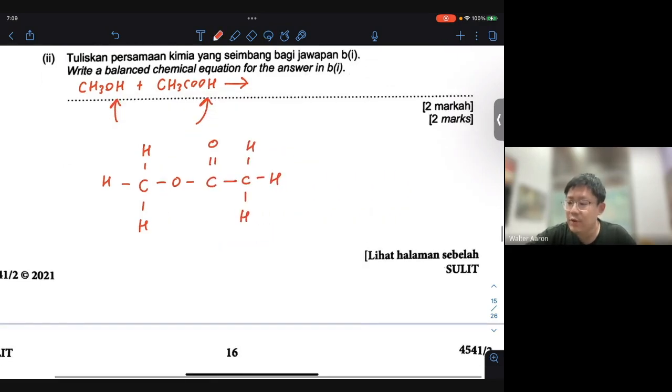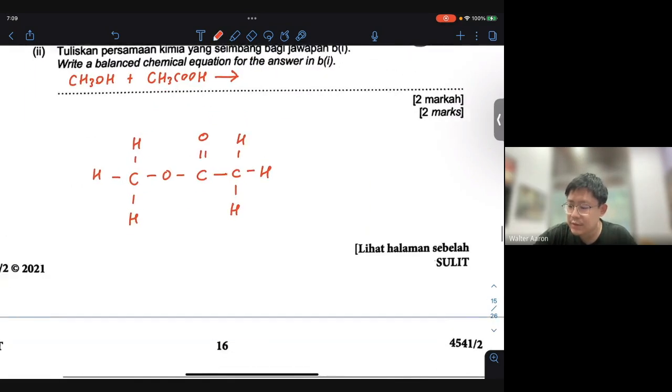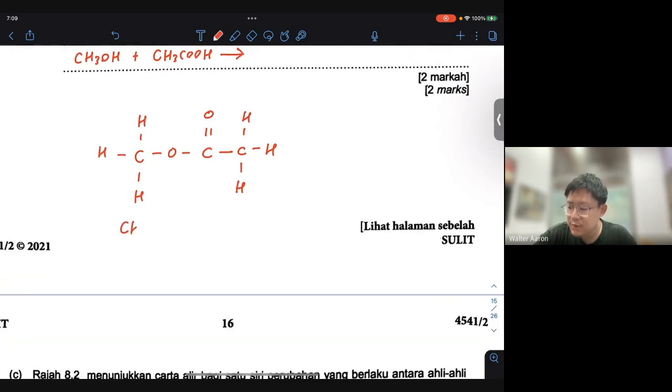So to write the formula for the product, it's very simple. All you have to do is just write CH3, condense this part together, CH3 over here, sorry.